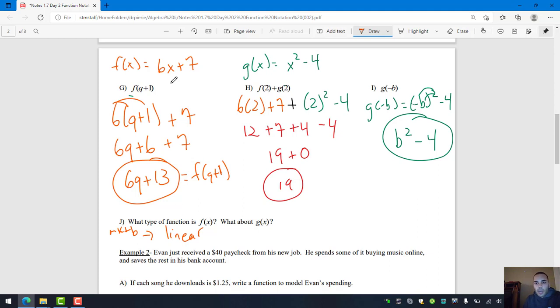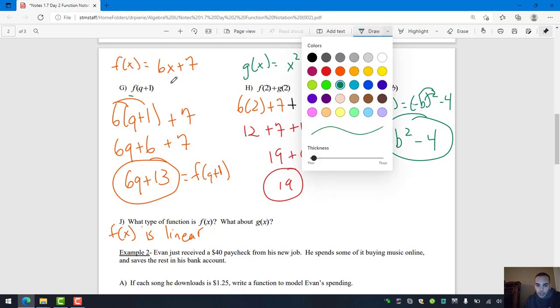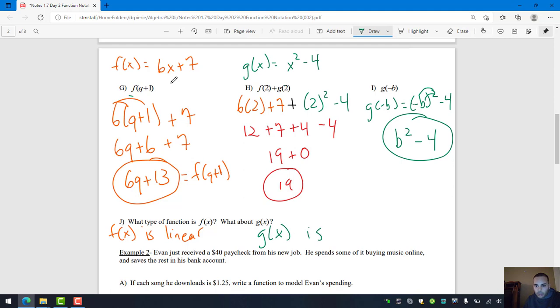We haven't spent much time with equations that look like the green one, x squared minus 4. But what we do know is it doesn't look like mx plus b. So f of x is linear, but because g of x doesn't follow the format mx plus b, we'll say g of x is nonlinear. When we graph it, it's not going to look like a straight line.